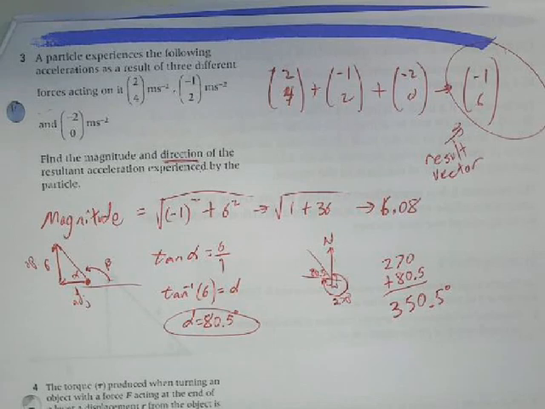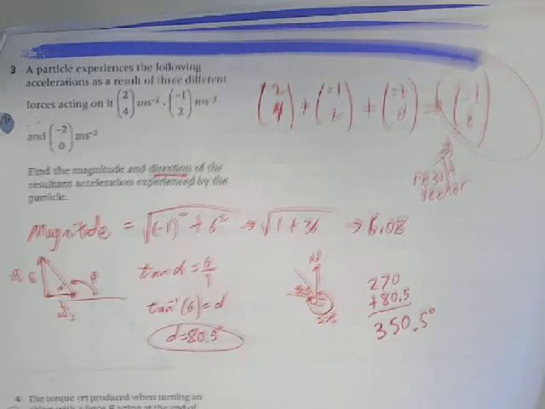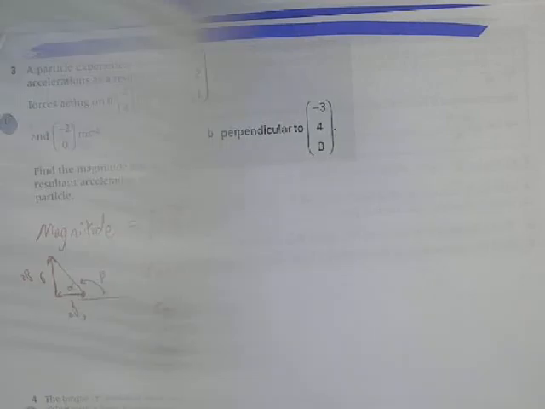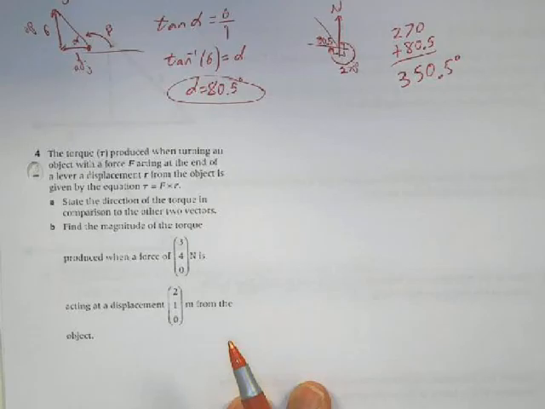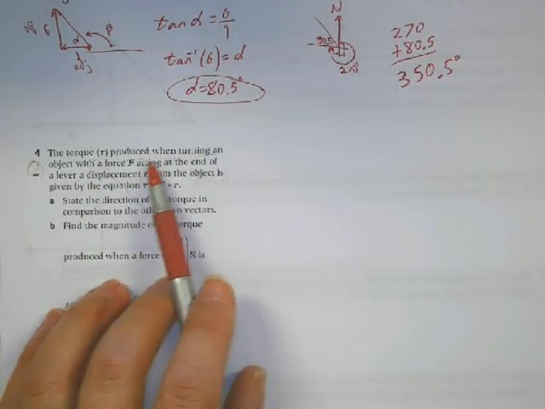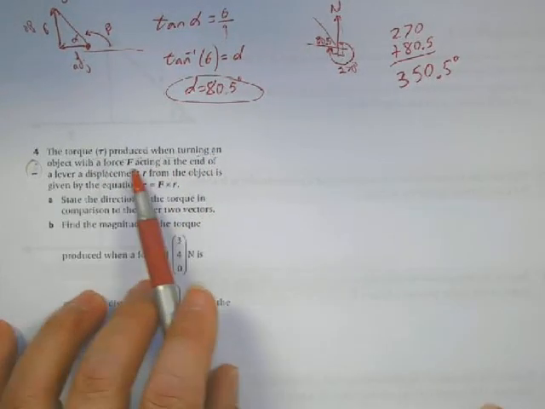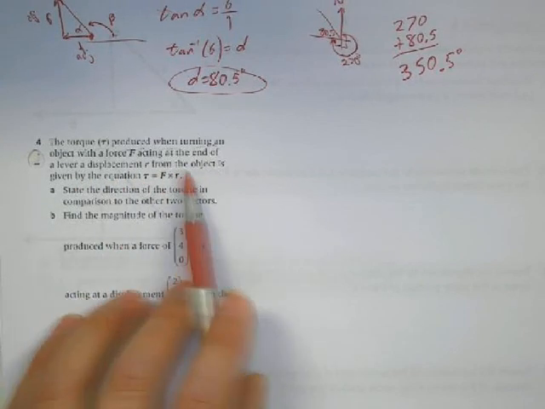Okay, question number 4. And then I'll hit pause for this video. For question number 4, the torque is produced when turning an object with force acting at the end of the lever displacement, and the torque is written like this.